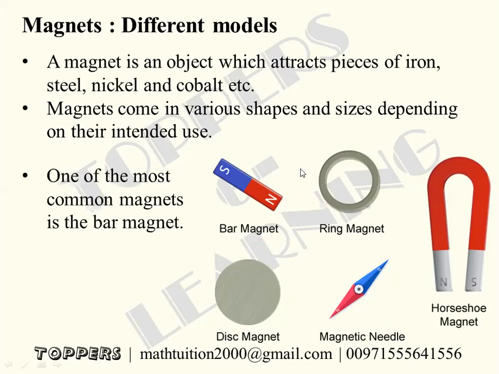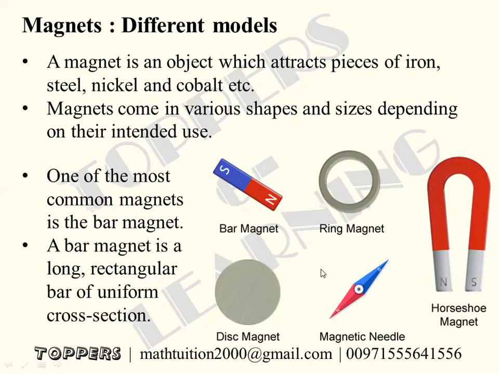Next, one of the most common magnets is the bar magnet. A bar magnet is a long rectangular bar of uniform cross section. I have already given you the figure.